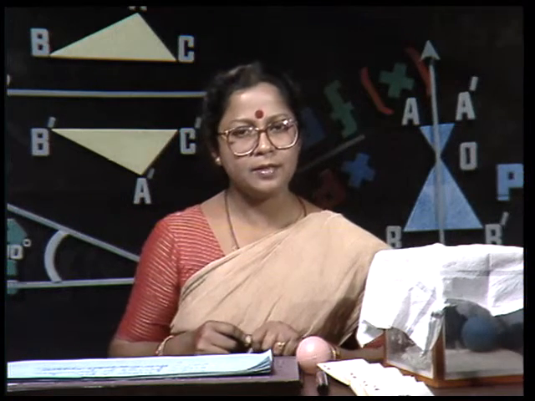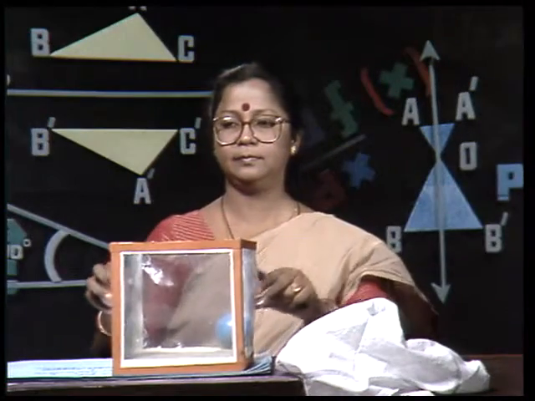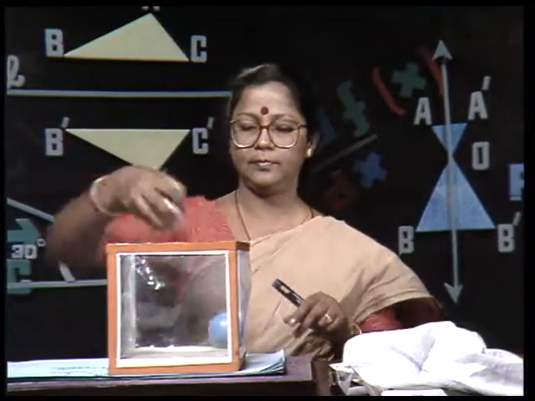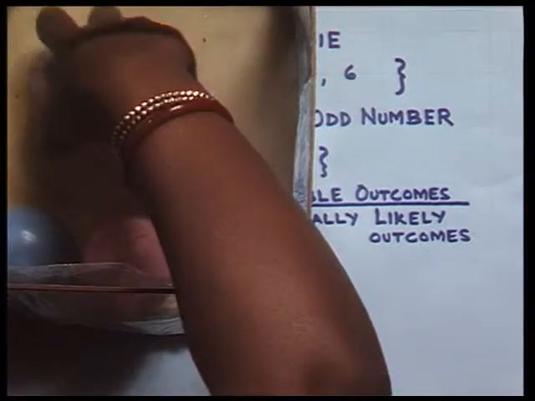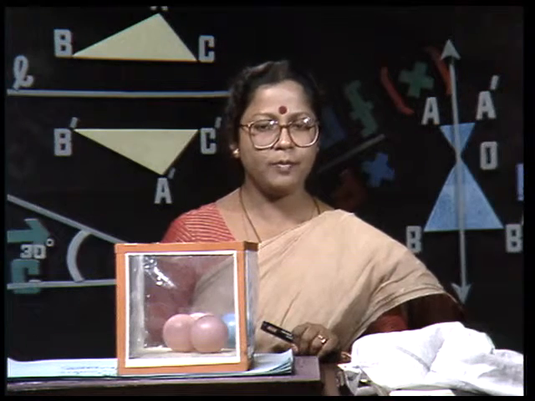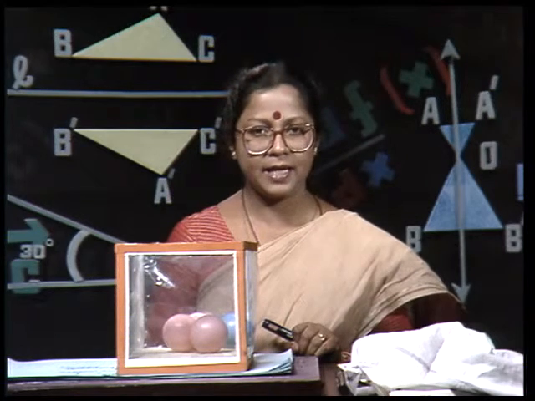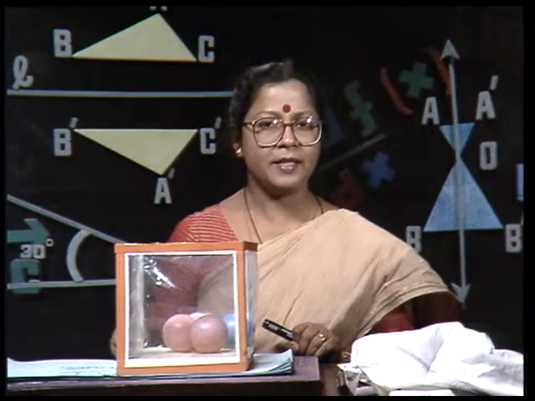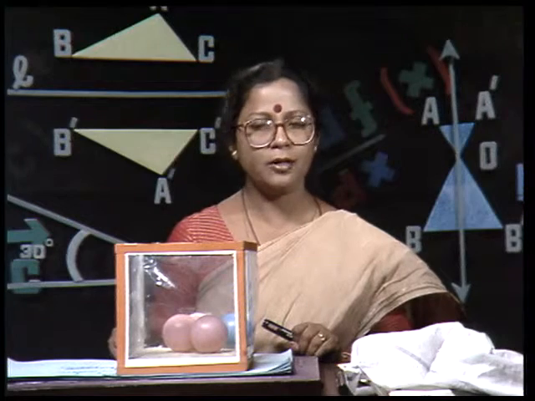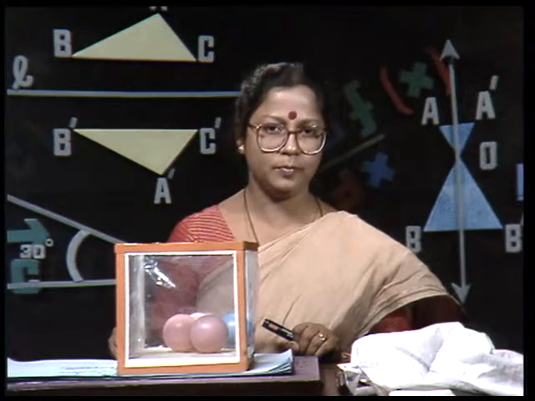But what happens if we increase the number of pink balls in this container? Now, in this container we have 3 pink balls and 1 blue ball. Therefore, the sample space for this random experiment will have 4 outcomes, 3 pink balls and 1 blue ball.